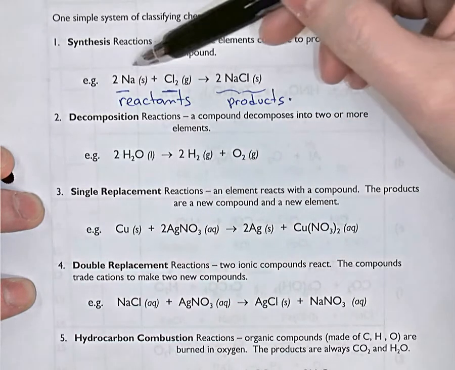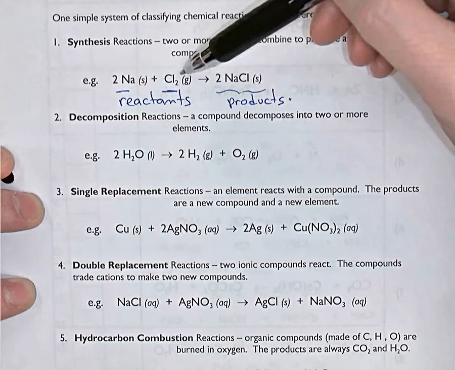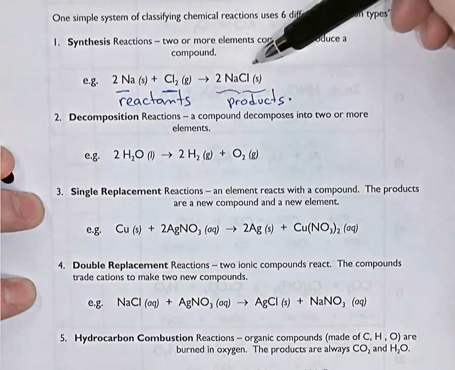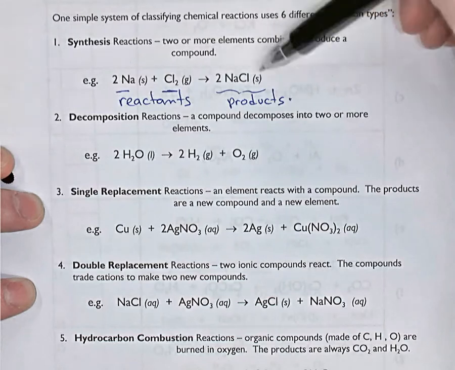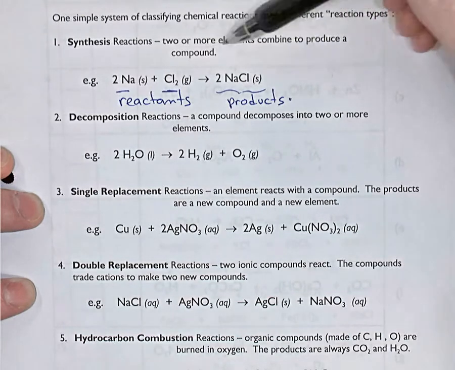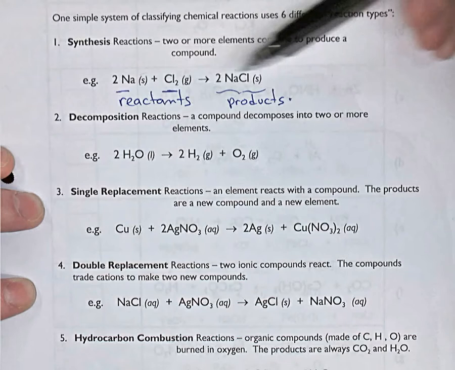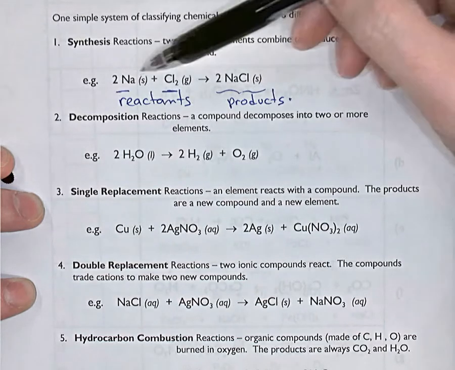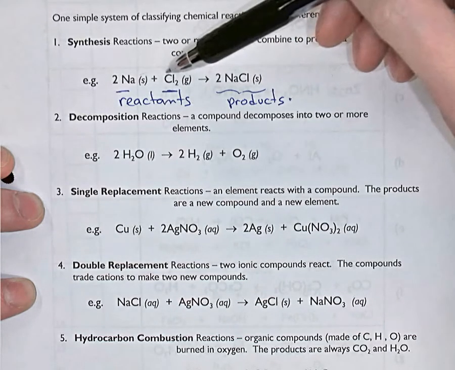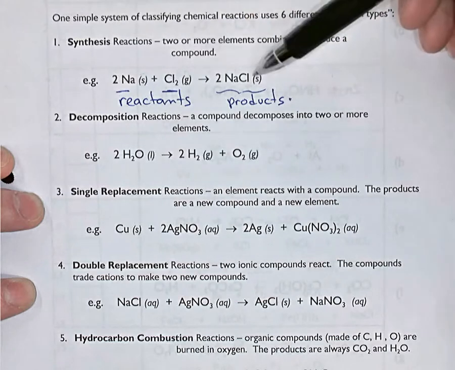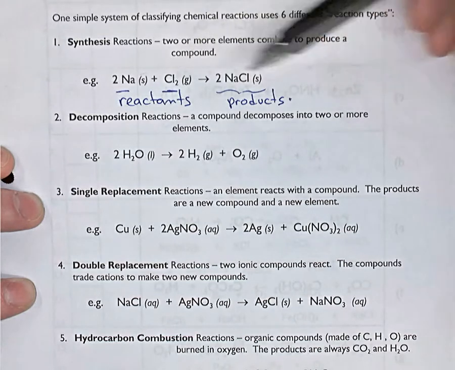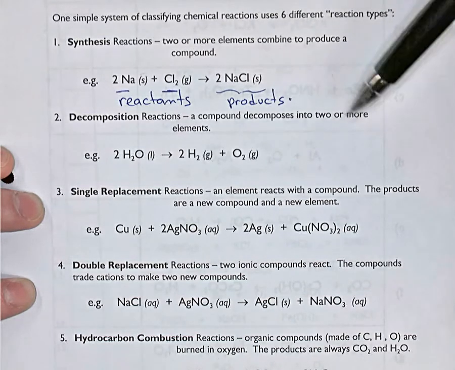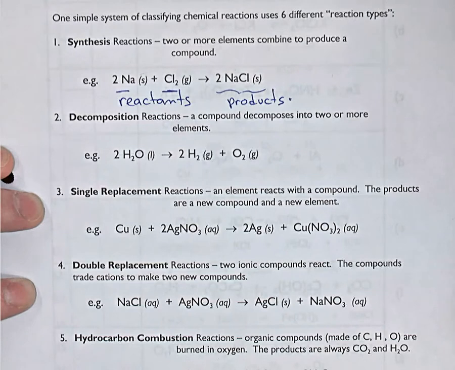So when you have more than one reactant and only one product, notice I'm ignoring this number 2 out here. There's only one formula here, sodium chloride. So if you have multiple reactants but only one product, then you're taking 2 or more reactants and synthesizing a compound over here, this sodium chloride. Okay? So 2 or more reactants and only one product, that would be a synthesis reaction.